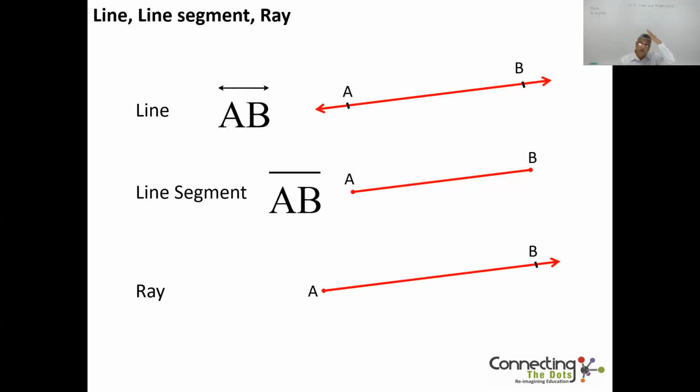See, why do we call them sun rays? When you have the sun and you have rays coming out of it, right? You see, all rays are starting from the sun and going out, isn't it? So it is fixed at this end. It is starting from the sun and it is going.